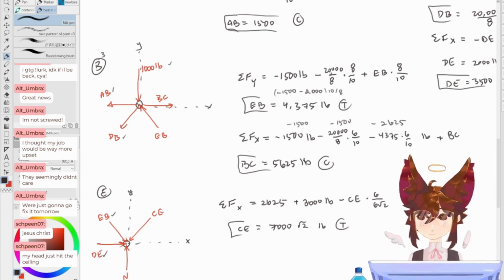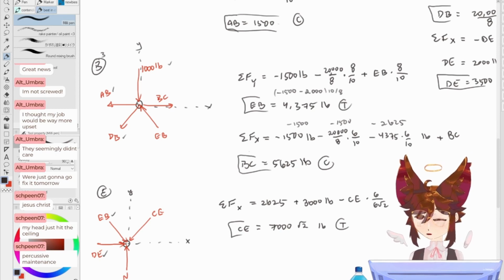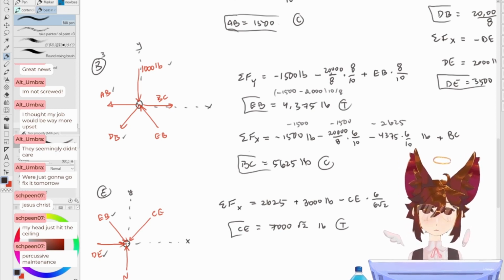Wait, let me try one thing. I haven't done this. Oh, percussive maintenance, exactly. Wait, I want to change this. Wait, I want to edit this.